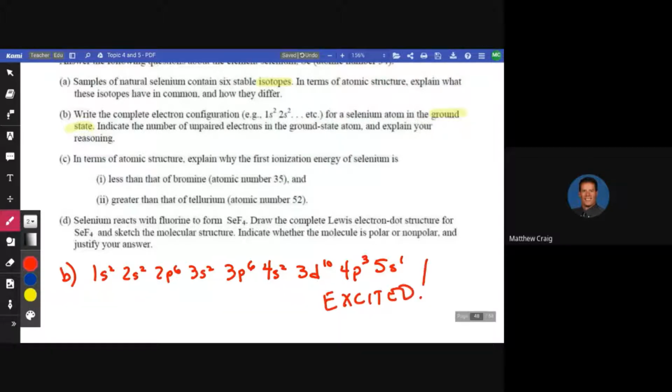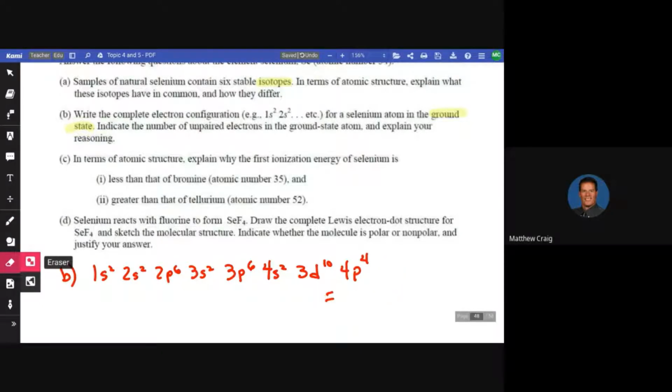Is that what it would ask? Would the AP people ask to indicate the number of unpaired electrons in the excited atom? No, that would be really rough. Okay, then what would they say? You would be given some multiple choice options and asked which one is excited.